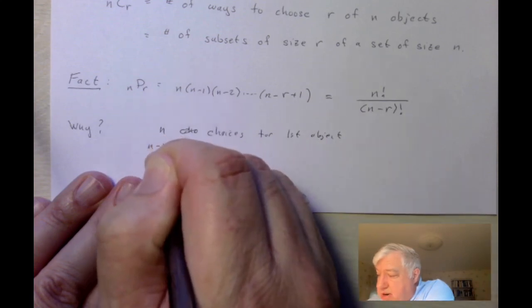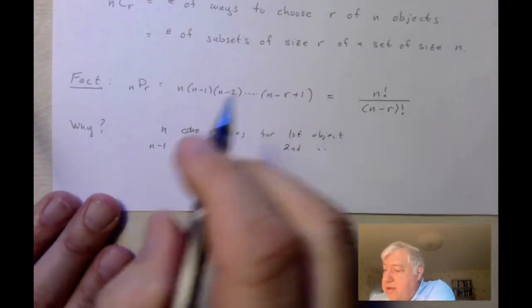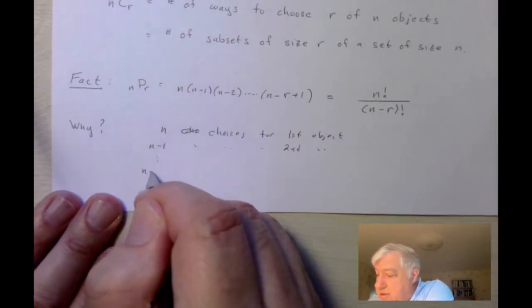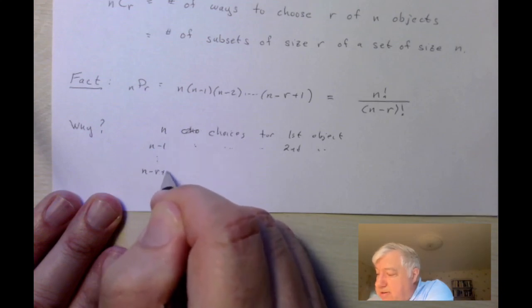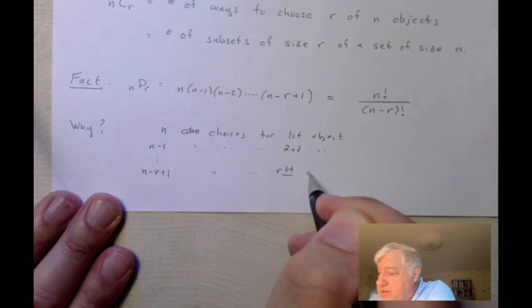Then n minus 1 choices for the second object. And then finally there are going to be n minus r plus 1 choices for the rth object.